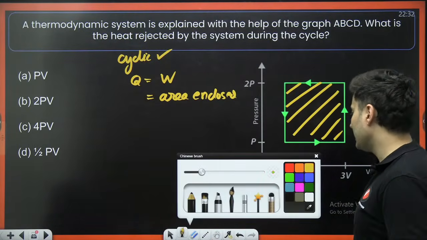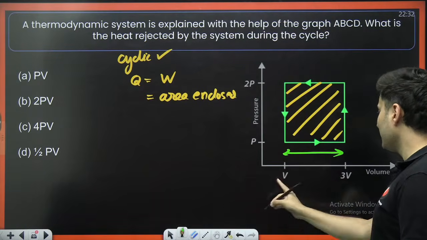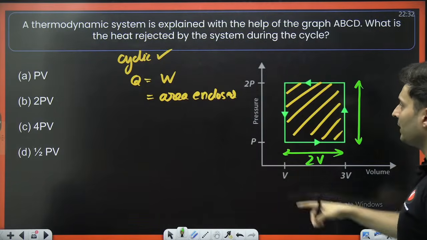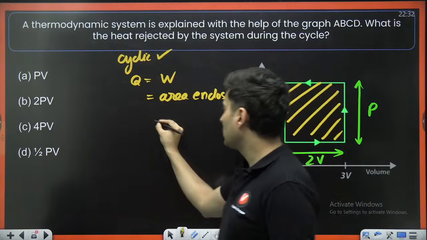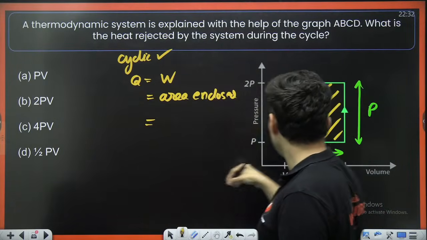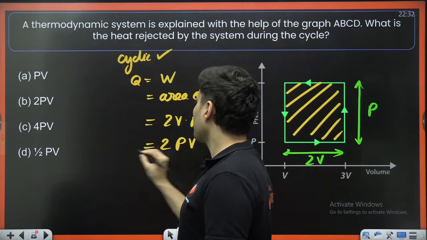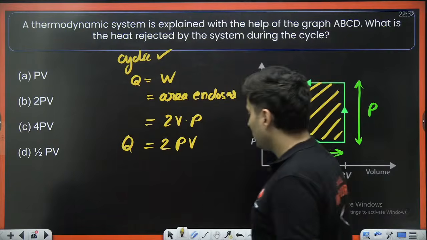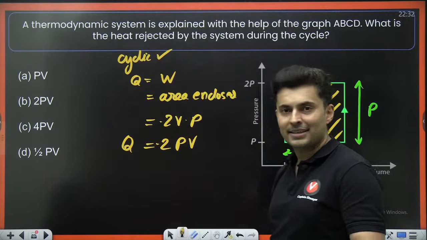For finding that area, won't I need the base? How much is it? Won't it be 2V? Won't I need the height of the rectangle, which is just P? So the area enclosed is base into height, 2V into P, so it is 2PV. This is Q. But remember, it is anti-clockwise, so it will be a minus sign.